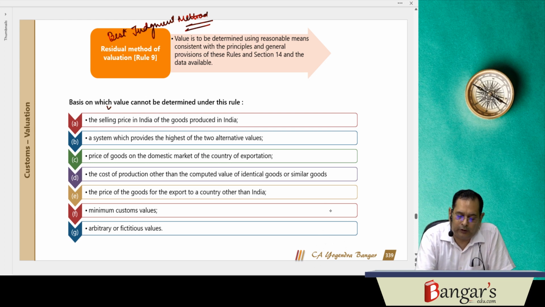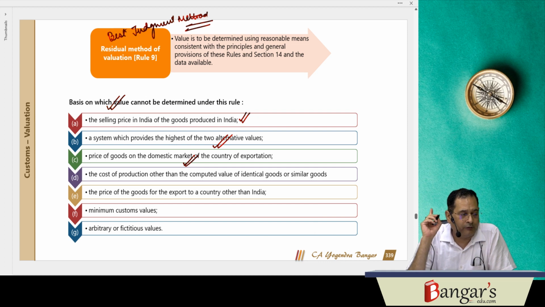However, the following cannot be the basis of determining the value. What cannot be the basis? The selling price in India of the goods produced in India. A system which provides the highest of two alternative values. The price of the goods in the domestic market of the country of exportation.